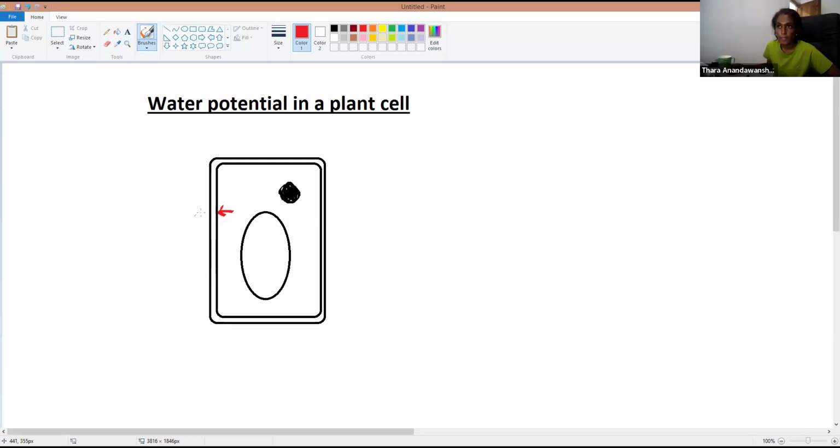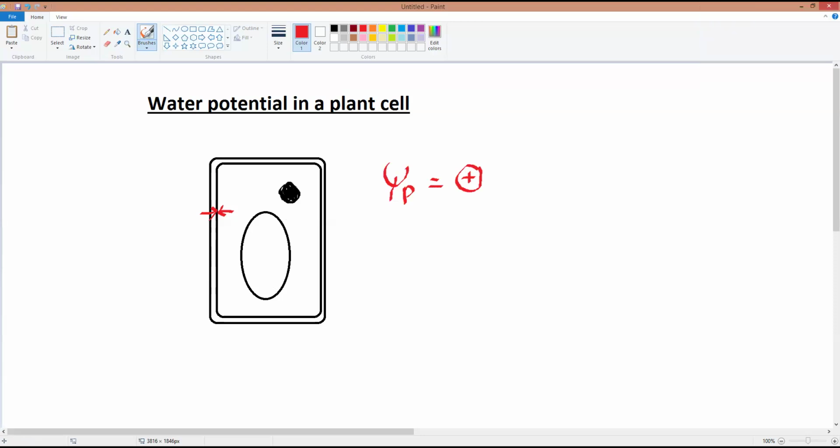Because of this, an equal and opposite pressure is created from the cell wall towards the cytoplasm. So this will give a psi p value to the plant cell. Usually it's a positive value, right? Okay, understood? Okay, teacher.